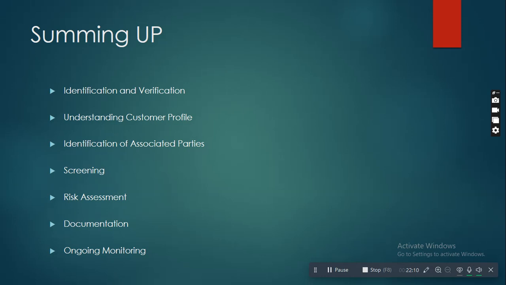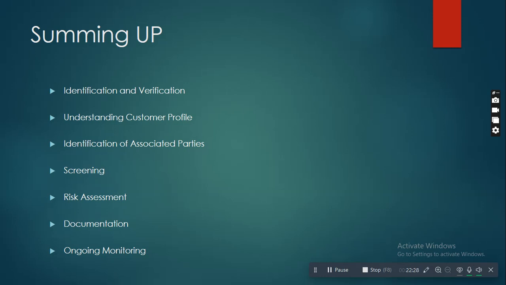Based on these risk categories, we go ahead with documentation. The most important thing in documentation is including everything related to the investigation in a proper location with a proper naming convention.